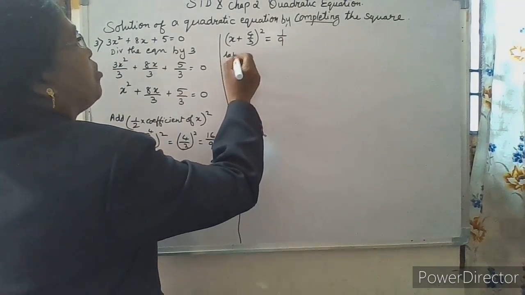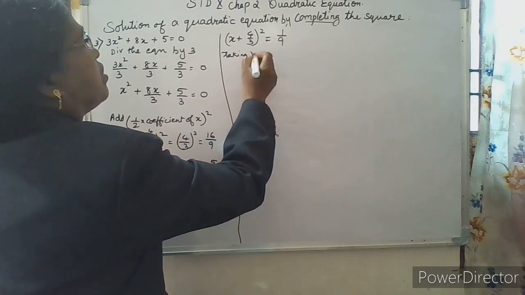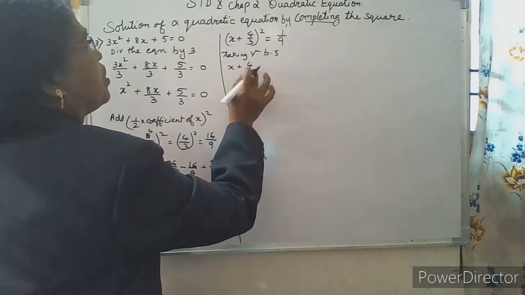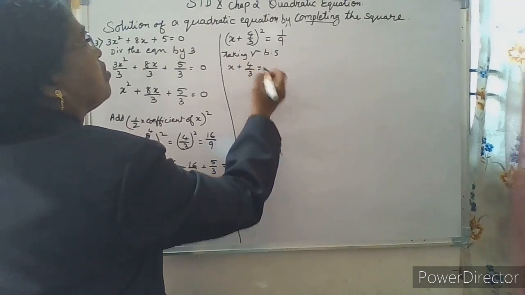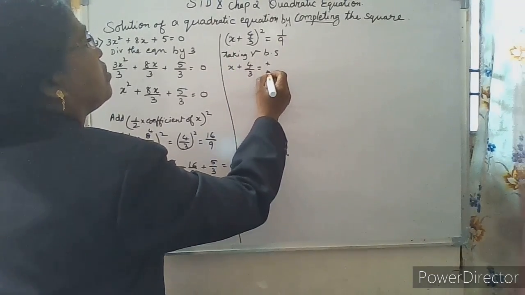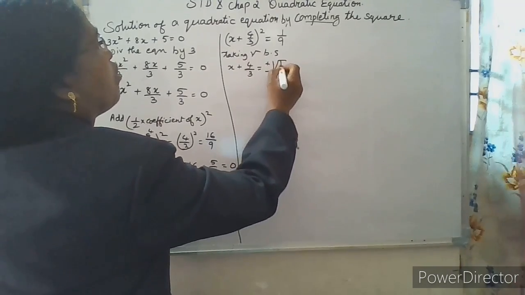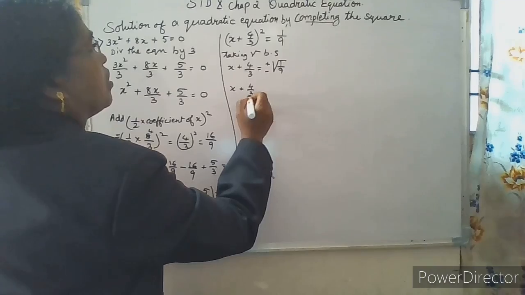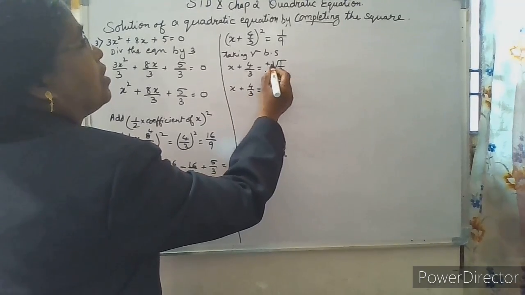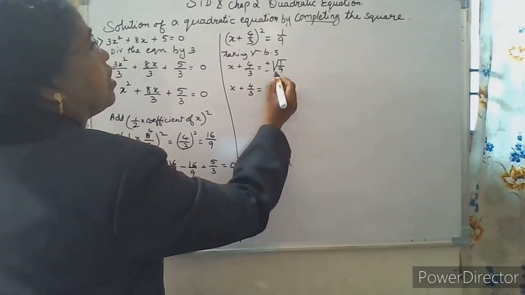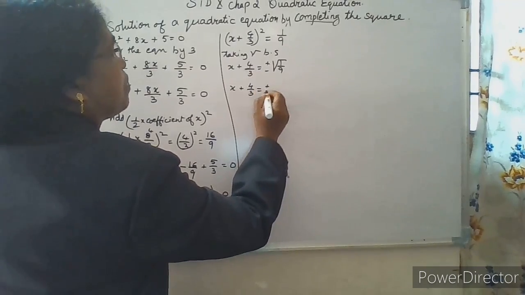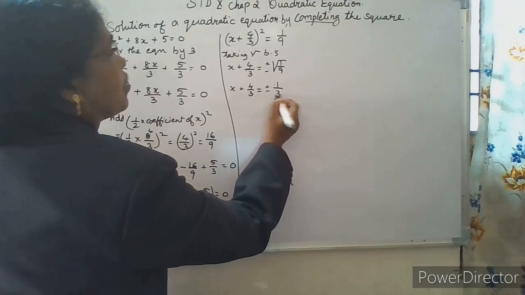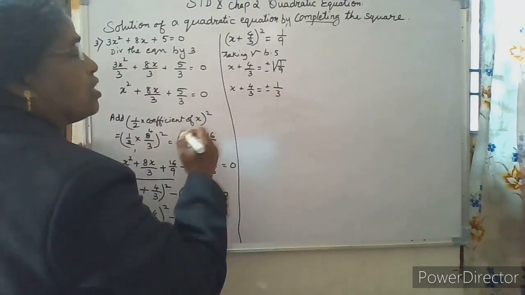Now taking square root on both the sides, x + 4/3 is equal to plus or minus root of 1/9. Root of 1 is 1 only, and root of 9 is 3, so it is plus or minus 1/3.